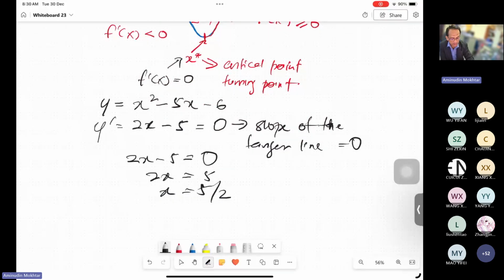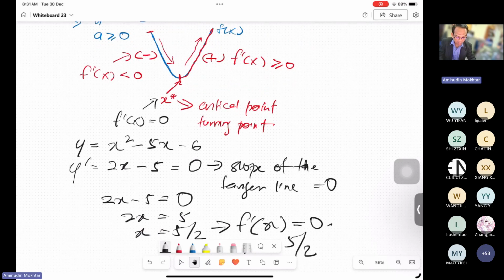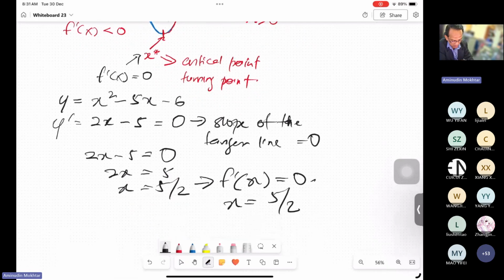In this case, the first derivative is 0 when x equals 5 over 2. At this point, the slope of the tangent line is equal to 0.